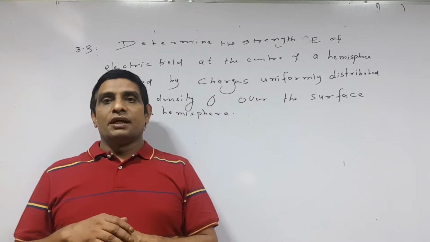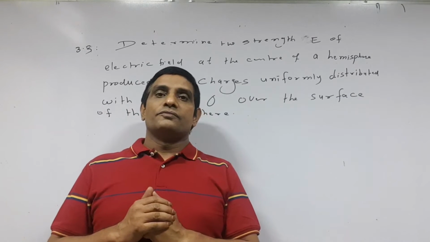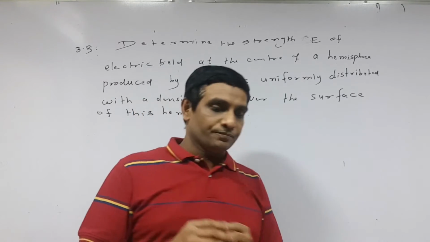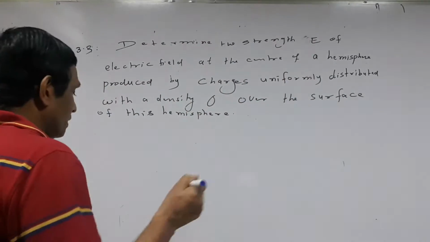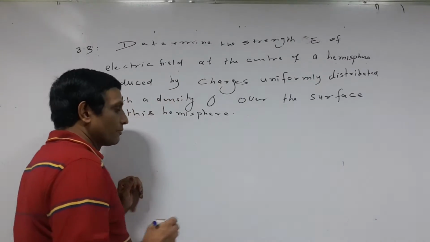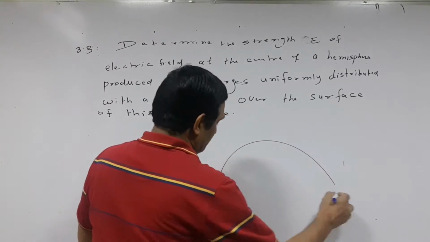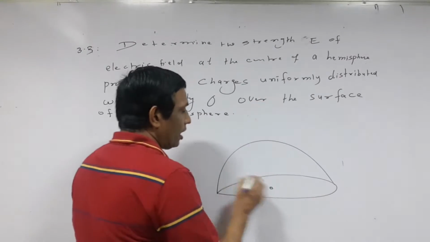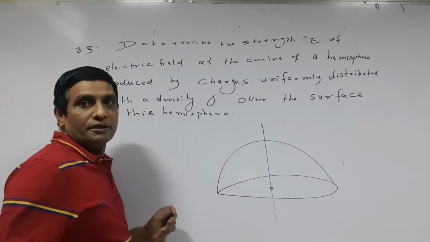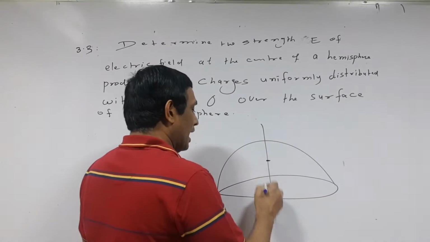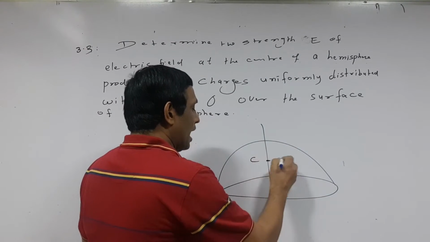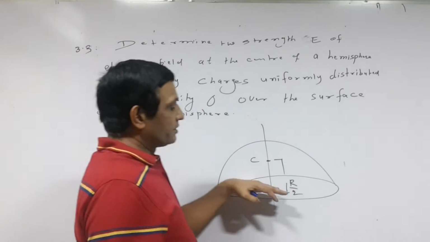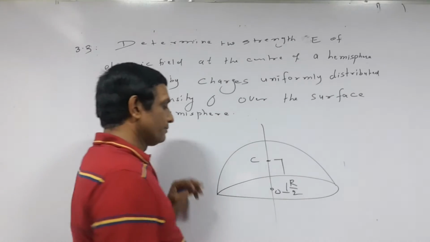Firstly, I want to give the concept of center of mass to solve the problem. As we know, the center of mass of a hollow hemisphere is at a distance R by 2 from the center of the base of the hemisphere.